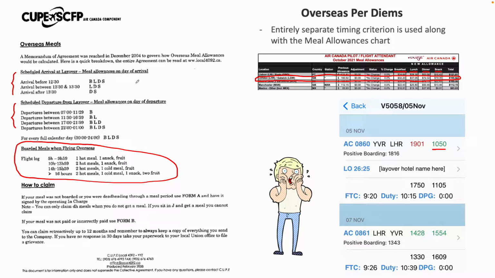So 10:50 a.m. is an arrival before 12:30 p.m., which means that we are entitled to a breakfast, lunch, dinner, and snack on this particular day. And that would be paid at the London Heathrow rate. So in this case, it would be $32.20 for breakfast, $37.05 for lunch, $72.32 for dinner, and $19.35 for a snack.